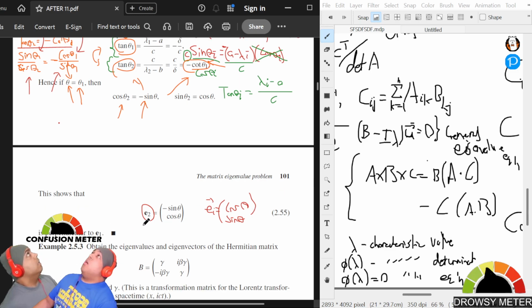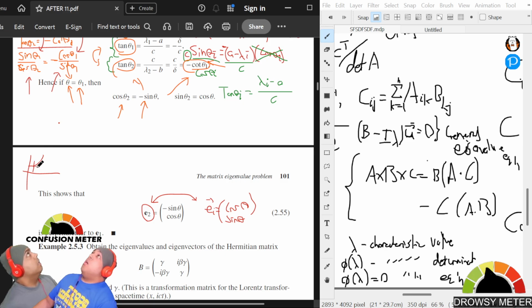It's perpendicular to E1. How can I prove that these are perpendicular? Cross product should be E3. Does that even exist? The dot product contains the angle, right?